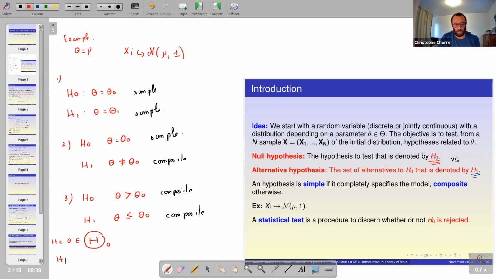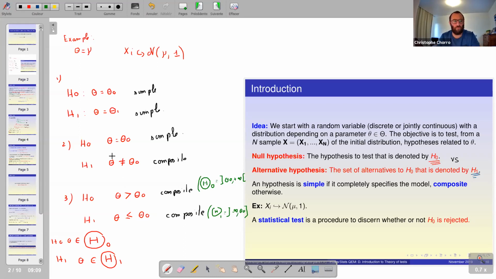And for H1, theta belongs to another set of parameters, theta 1. Typically, my big theta 0 is, for example, the interval theta 0 to plus infinity, because I want to be strictly greater than theta 0. And my big theta 1 is minus infinity to theta 0, included.